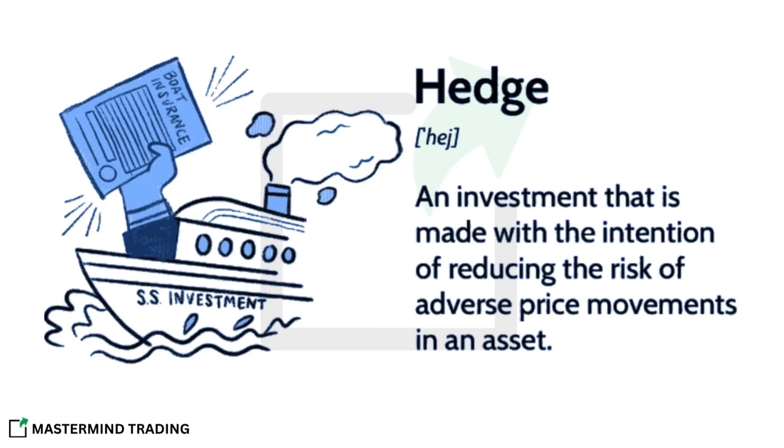If tomorrow this $1 million I have in the bank is no longer $1 million, I have gold that is appreciating in value to make up for the loss I have incurred from the loss of value of this investment in the bank. So it's basically holding one investment that has the tendency of higher return as a hedge, as a protection over another investment that has a lesser return and has a much higher risk profile.